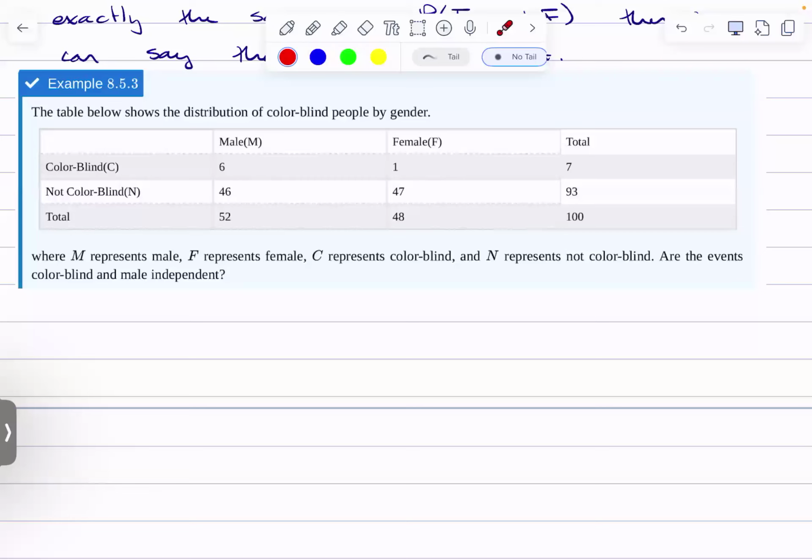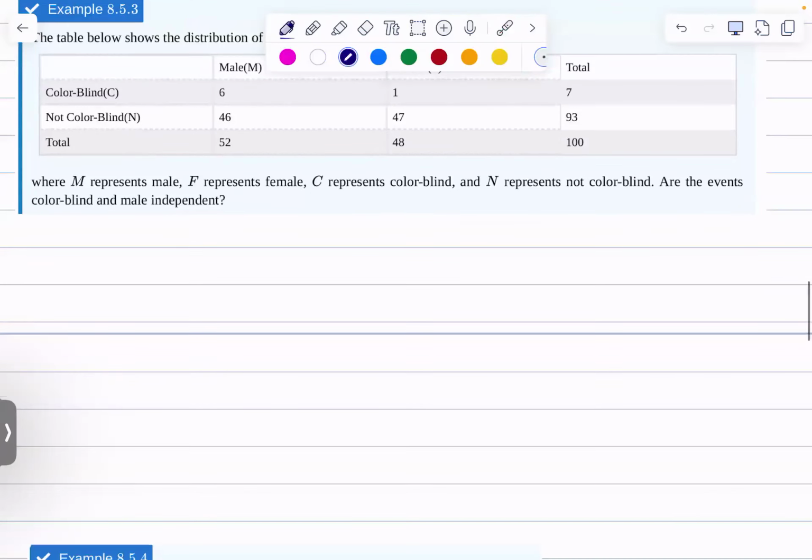Yeah. So what we're going to do is we can use the table to find the probability of colorblind and male. We can use the table to find the probability of being colorblind, and we can use the table to find the probability of being male. Nothing to it but to do it here.